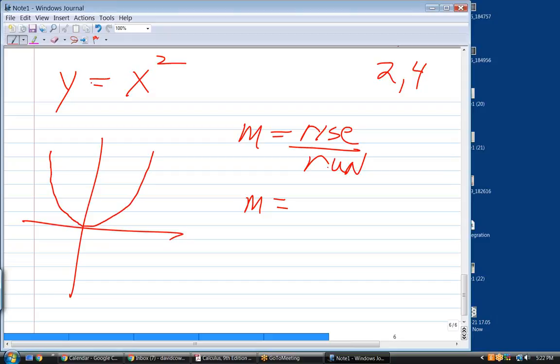The rise is the change in the y value. So here's the point 2, and there's the point 4. And here's a really important concept in calculus. Let's change this. Instead of calling it y, I'm going to call it f of x. And there's a reason why f of x is so much superior.